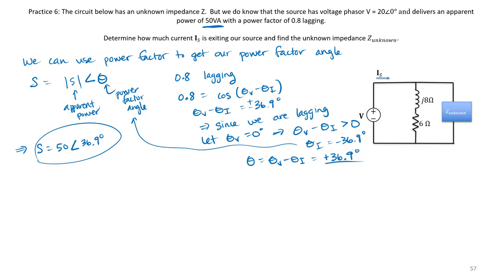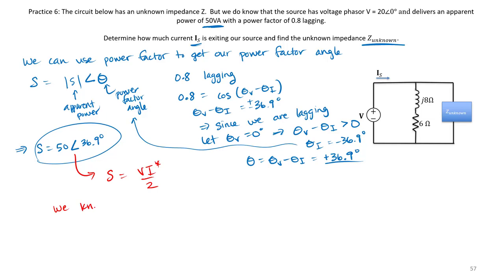Our goal, however, was to determine the current exiting our source and then to find our unknown impedance. It's very important to remember the equation S equals V I star over 2.